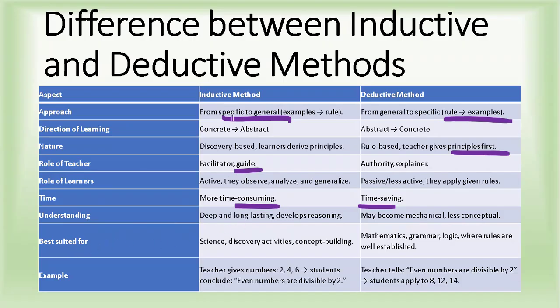Inductive method is best suited for science, discovery activities, concept building, etc. Deductive method is suited for mathematics, grammar, logic, where rules are well established. Examples I already told in science and maths.